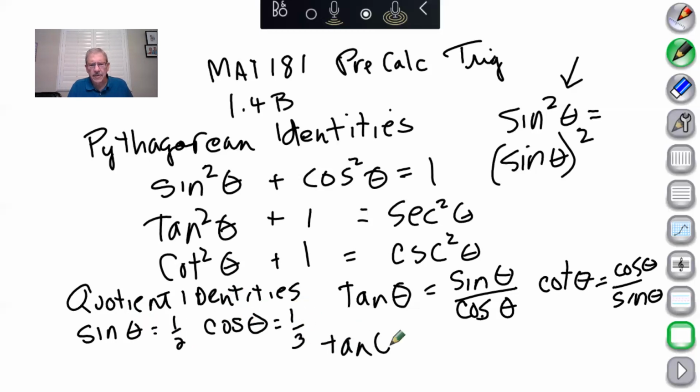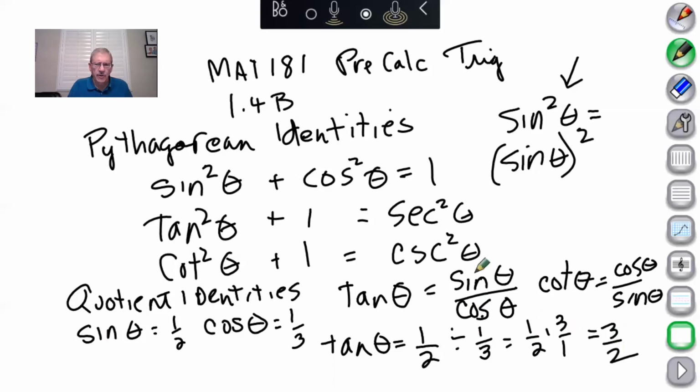Tangent theta would simply be 1/2 divided by 1/3. I prefer to do it this way. The book kind of puts 1/2 over 1/3 and all that kind of stuff. So it's easier to write it this way, and we could say that's 1/2 times the reciprocal, 3 over 1. So we know the tangent of theta is going to be 3/2.